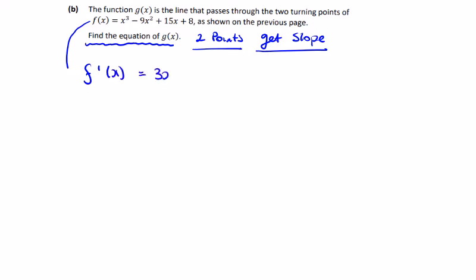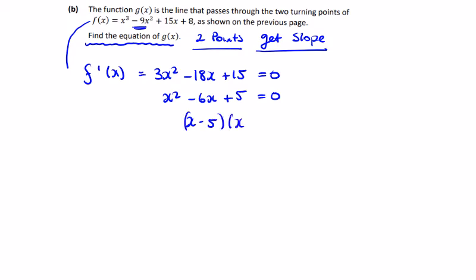So 3x squared minus 18x, because we have k now, plus 15. If that's equal to 0, dividing by 3, we can say x squared minus 6x plus 5 is equal to 0. So we have x minus 5 by x minus 1 equal to 0.